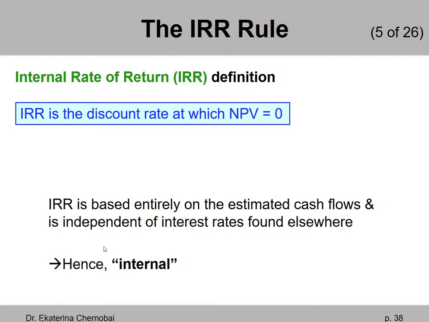And it's called internal because it's based entirely on the estimated cash flows for future years and the estimated required initial investment today. And it's completely independent of other external things, such as the typical rate of return on this kind of projects observed by other companies somewhere else.